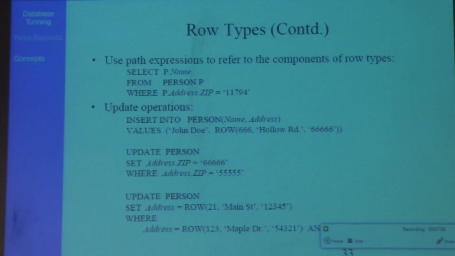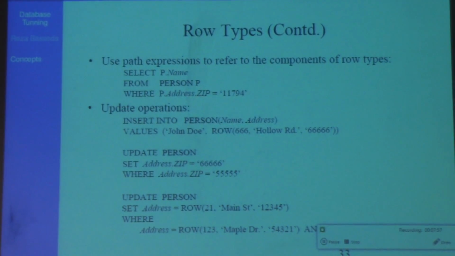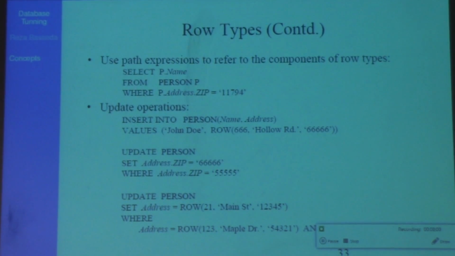And then, if you are asked to show all of the people who are living in the zip 11794, which is the zip code of Stony Brook, then this query will give you the names of the people. How? What is the path?